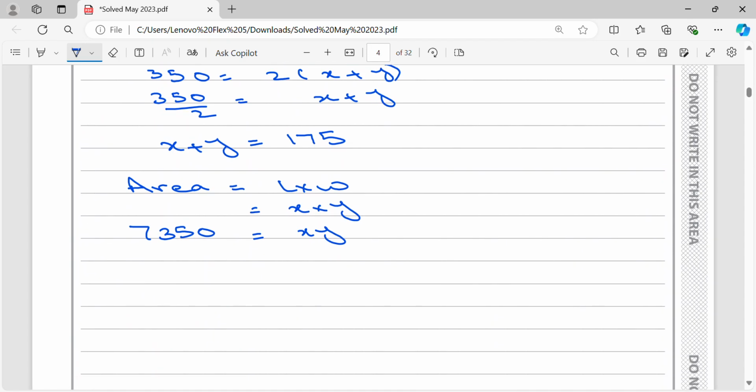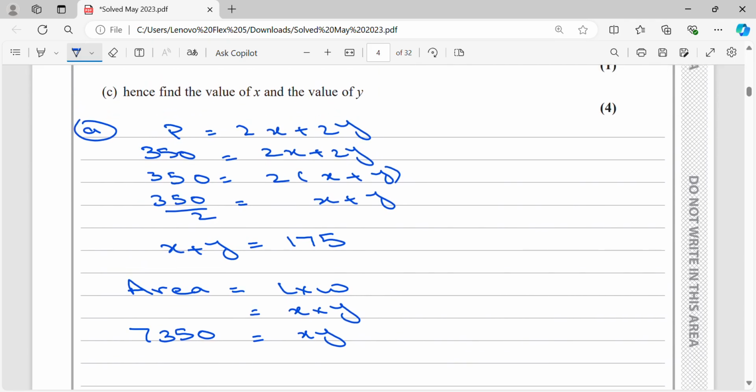Right. So in this case, I can make x the subject, or I can substitute the value of x or y from 1. Let's make y the subject. You can make x the subject, whatever, you'll get the same answer. If I make y the subject, I will move x to the other side, so that is 175 minus x.